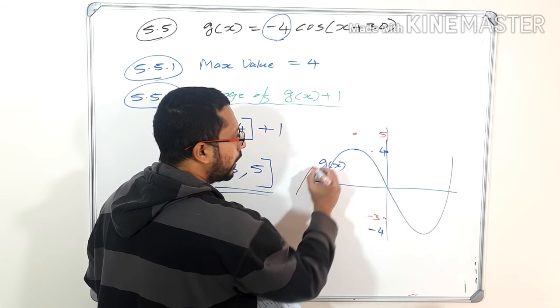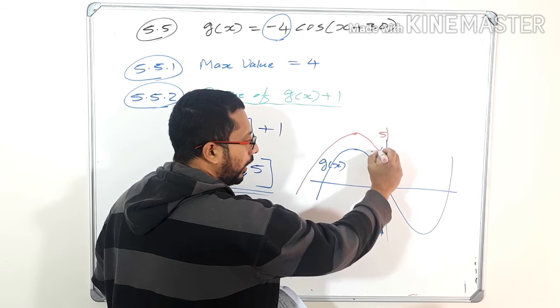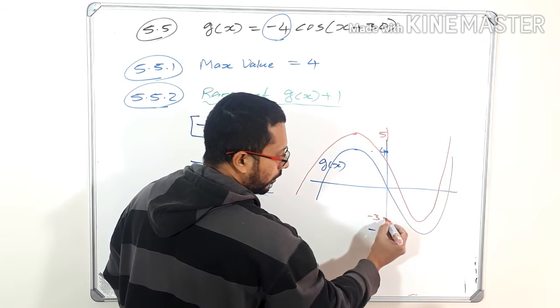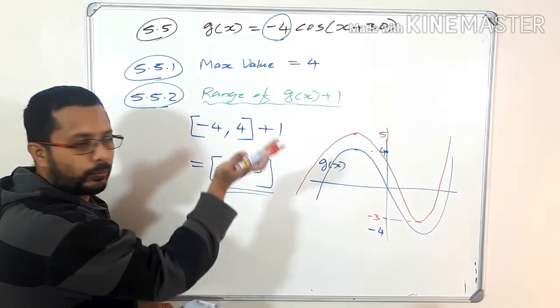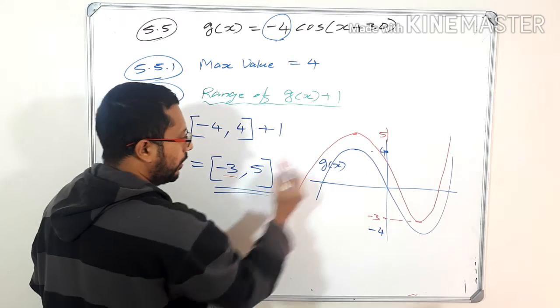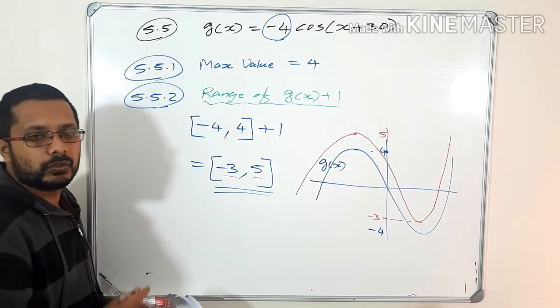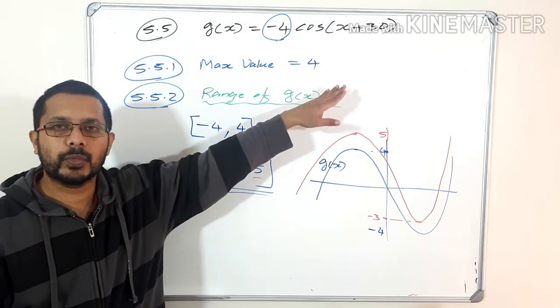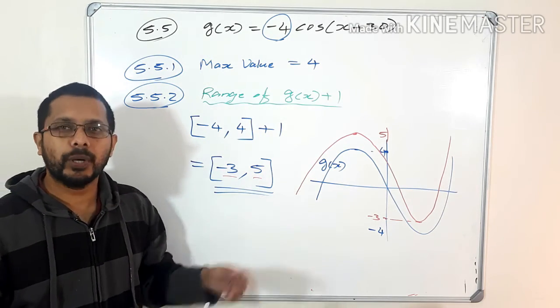So if I draw the graph, it will go like this, 1 unit upward. So look at the answer, the minimum value is minus 3 and the maximum value is 5. That's the answer for the range of g of x plus 1. What is the answer? Minus 3 comma 5.